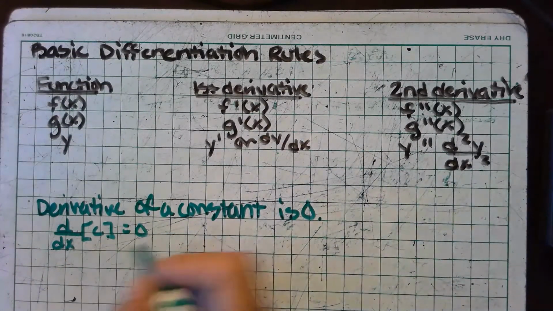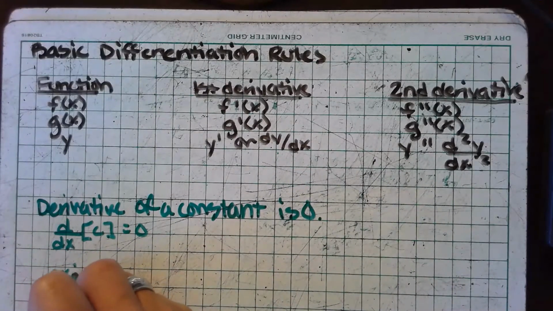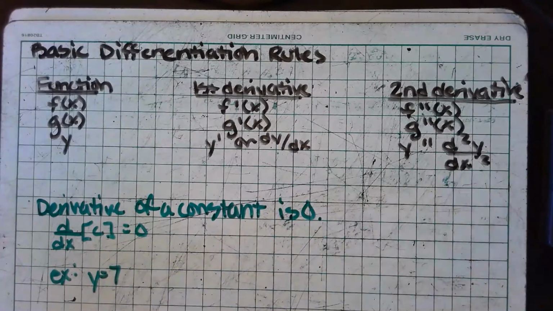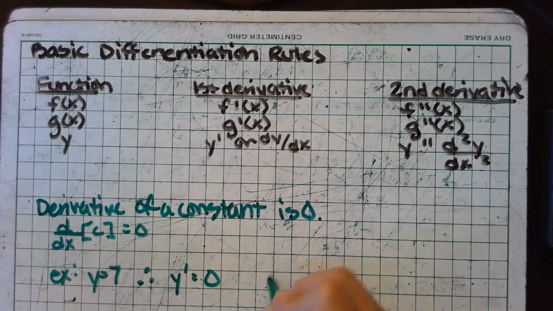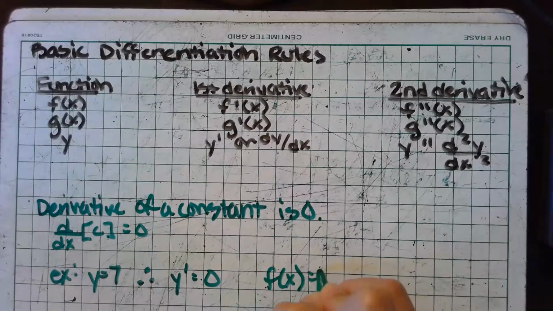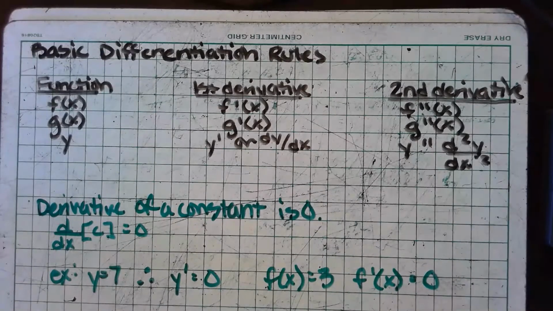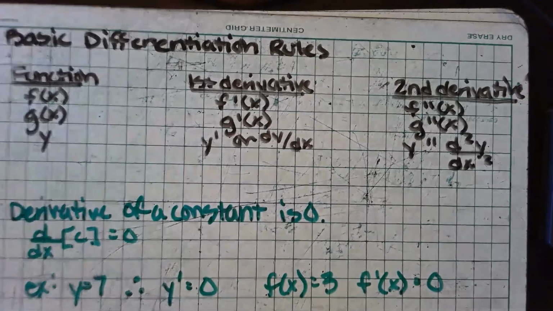And as an example, y equals 7. Therefore, y prime, what does that equal? 0. Or if I had f of x equals 3, then f prime of x equals 0. So just remember that the derivative of a constant is 0.